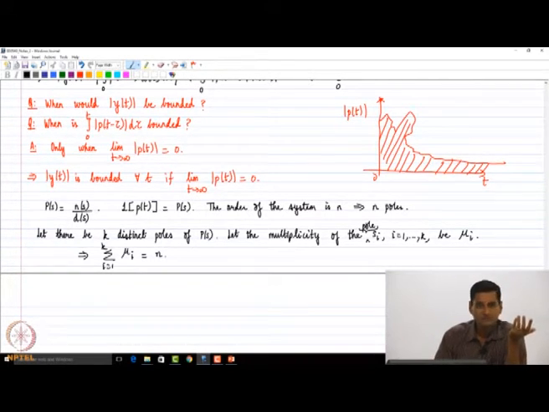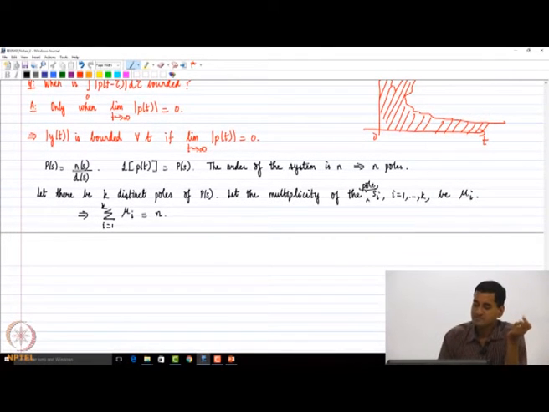Essentially the summation of the multiplicity should be equal to the order of the system, which is the total number of poles. Now immediately we see that P of t, which is the Laplace inverse of P of s, can be written in this particular form.